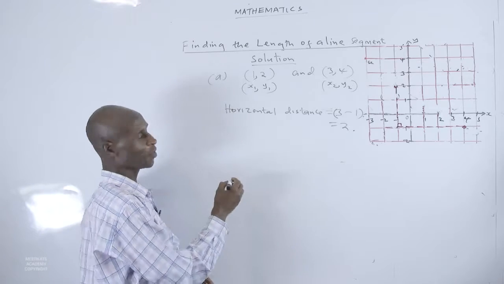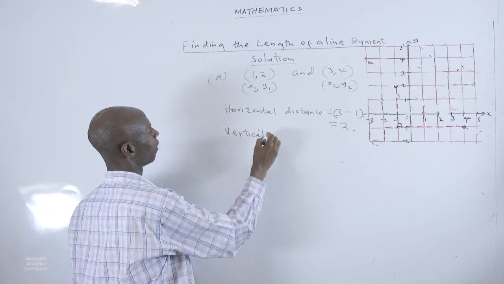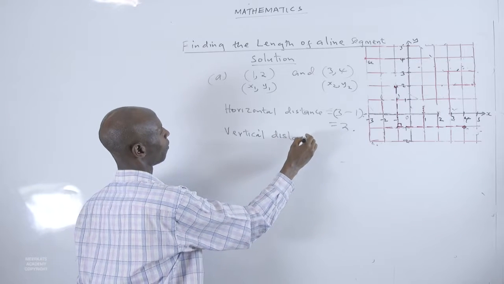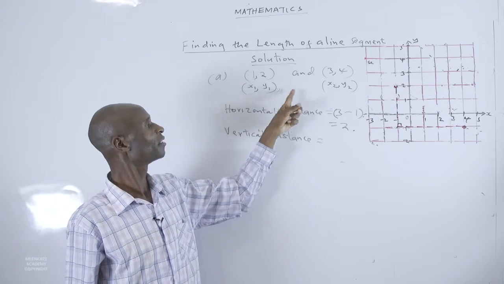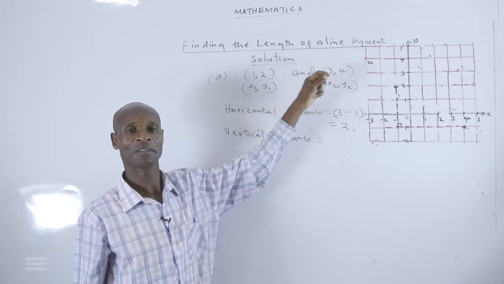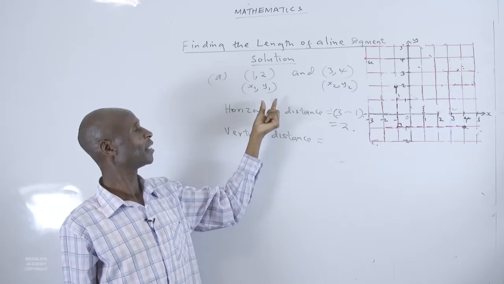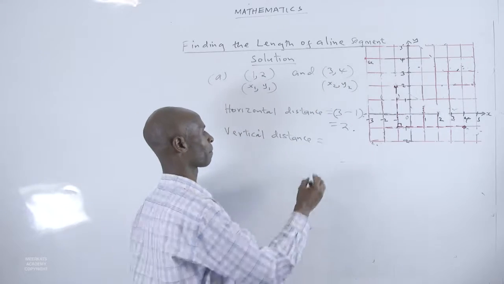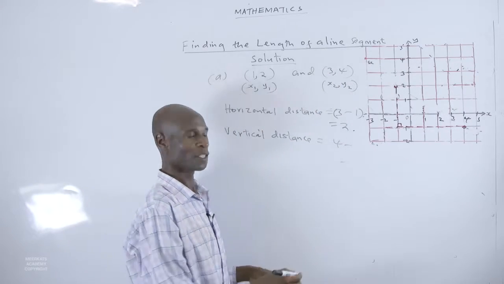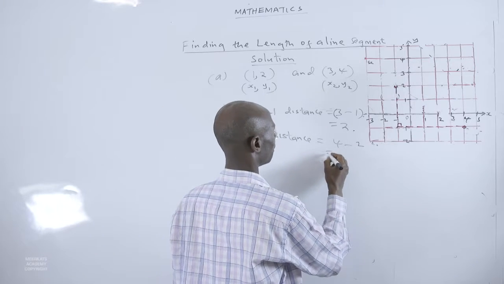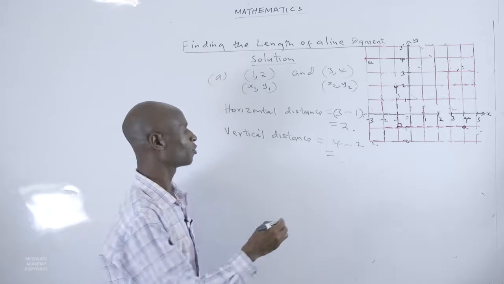Then we get the vertical distance. We shall take the upper value of y between 2 and 4. Which one is the upper value of y? You'll also notice that the upper value of y is 4 minus the lower value of y, which is 2. 4 minus 2 is equivalent to 2.